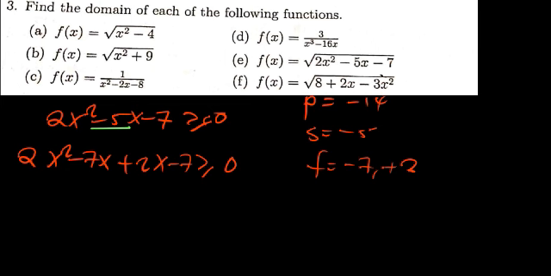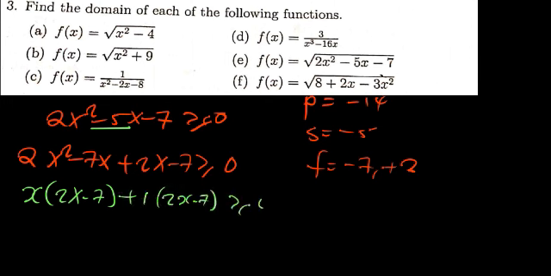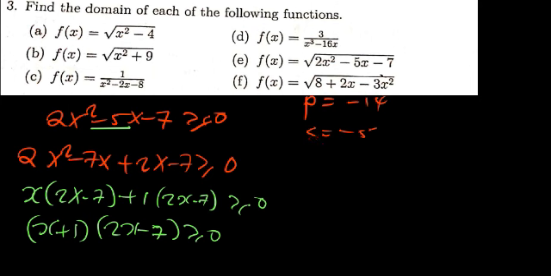Let's now factor. x times 2x minus 7. Here, factor out 1, 2x minus 7, greater than or equal to 0. Then I've got x plus 1 and 2x minus 7 greater than or equal to 0. So for x, we are solving for x plus 1 greater than or equal to 0 and 2x minus 7 greater than or equal to 0.